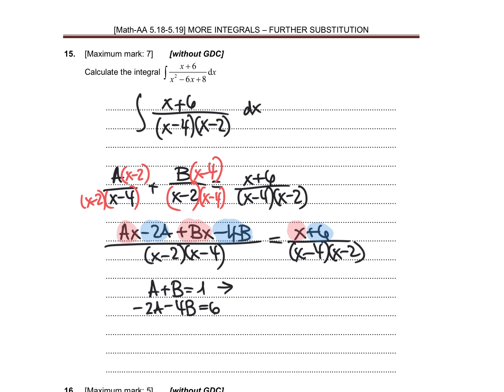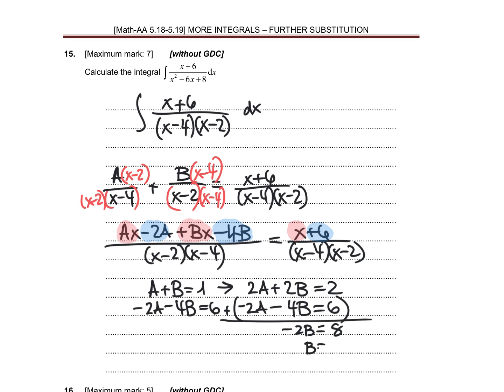So here, I'll just multiply by 2. And I can do elimination. So if we add, that's eliminating the a. So we have negative 2b equals 8.